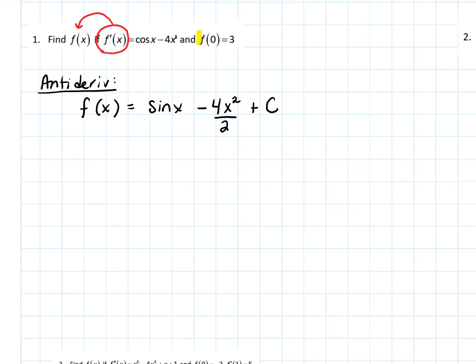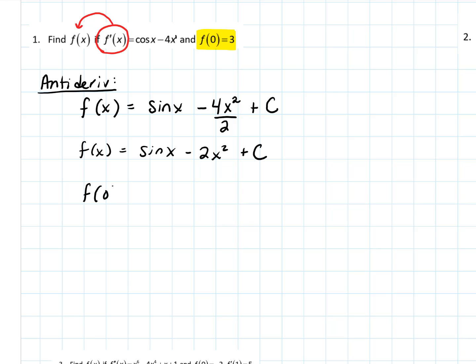But this time, we have some additional information. If we had no other information, we would simply simplify that term, 4 divided by 2, minus 2x squared plus c, and we'd be done. But now we have enough information that we could actually find that c. So that's what we're going to do. We say, but f of 0 is 3.